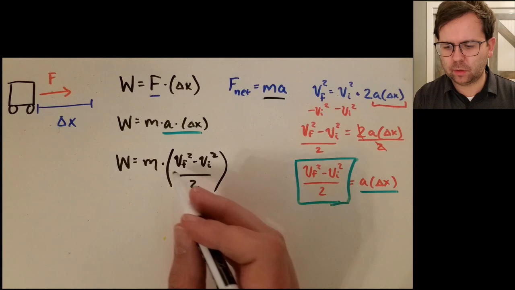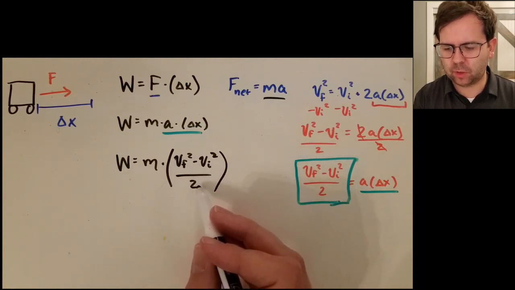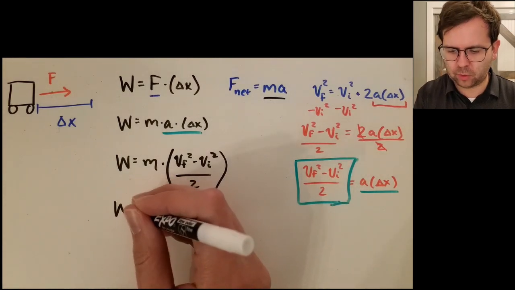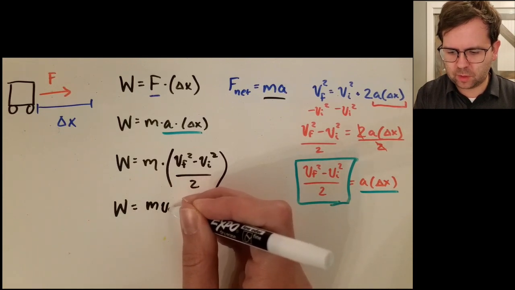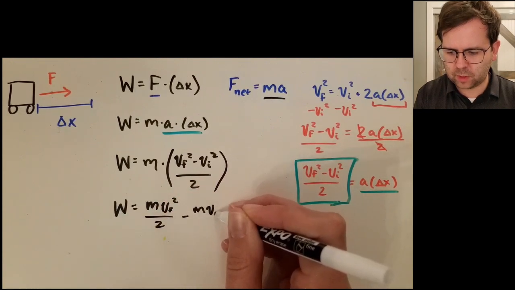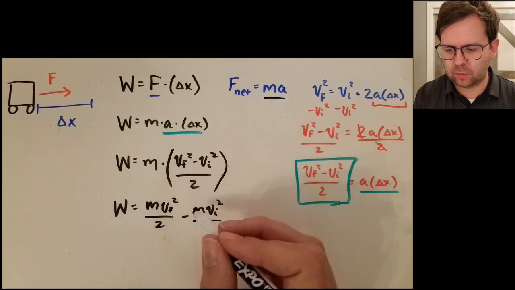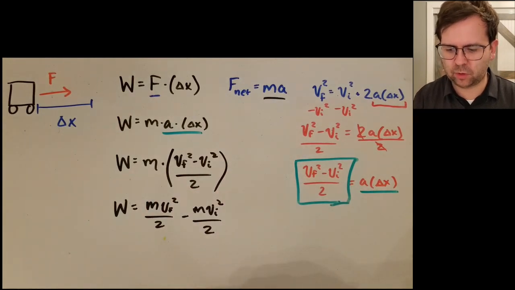I'm going to distribute the mass to both of these quantities, and I'm also going to separate this fraction a little bit. Just some algebra here. Work equals m v final squared over 2 minus m v initial squared over 2. So I've applied the divided by 2 to each term, and I've distributed the mass to each term.